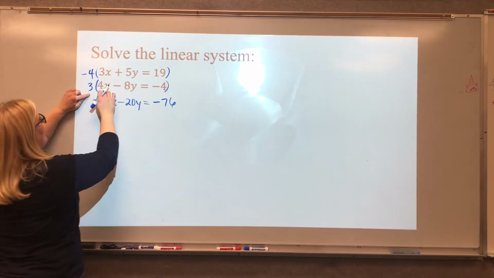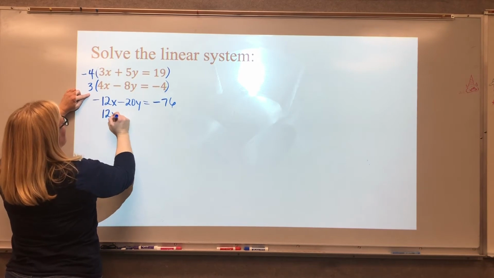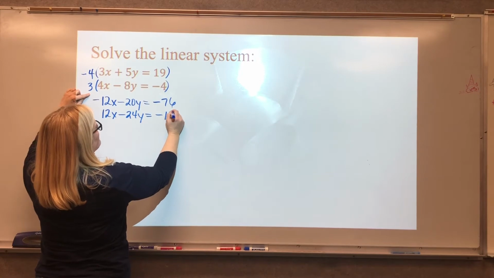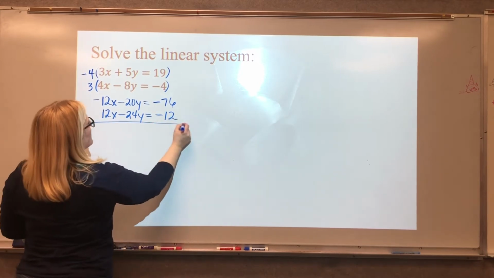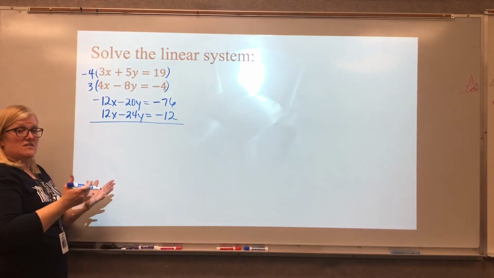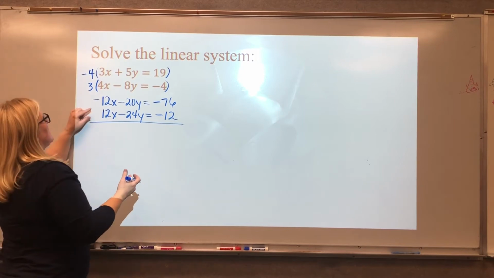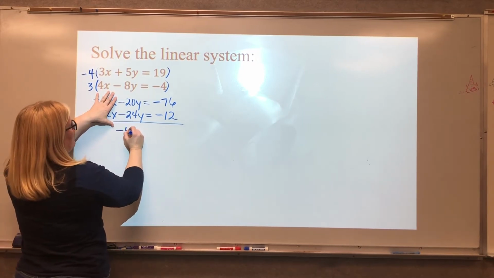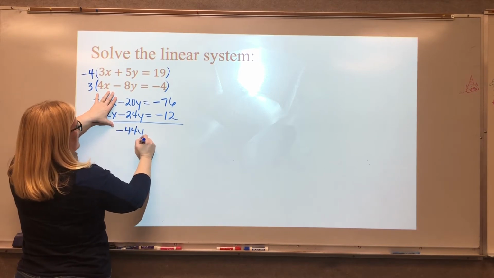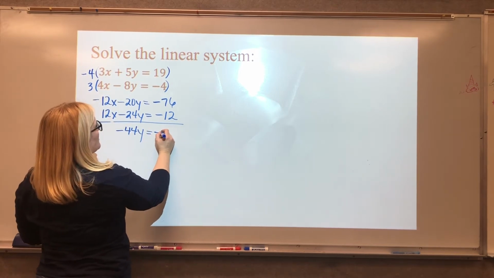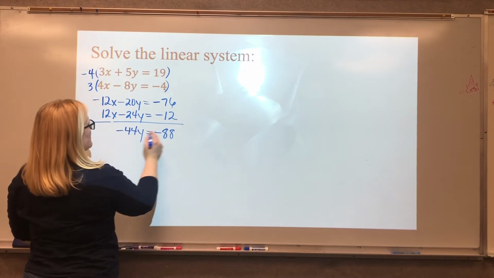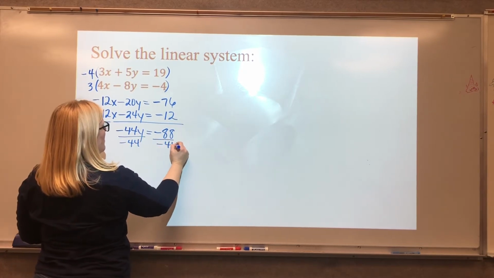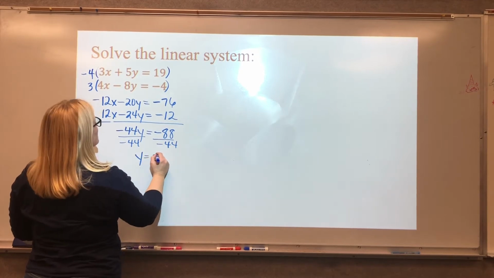And then down here I'm going to have 12x minus 24y equals negative 12. So the numbers are getting a little bit bigger, but it still is the same thing. So this drops out. This becomes negative 44y equals negative 88. And when I divide by negative 44, y equals 2.